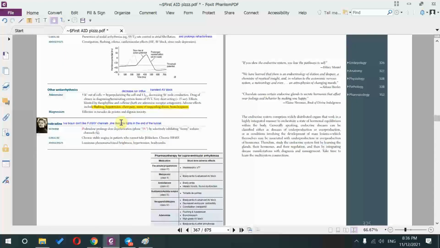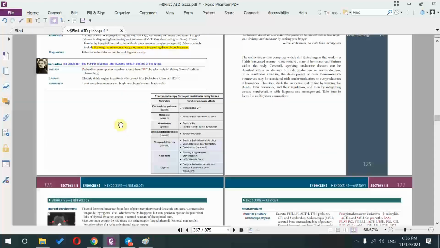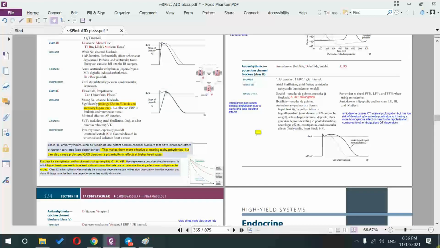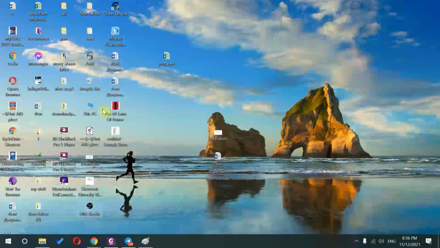And that's it for cardiology. That was a long section. Whew, that felt good. Okay, so let's just take a quick look at one more thing, and I will let you go, guys.